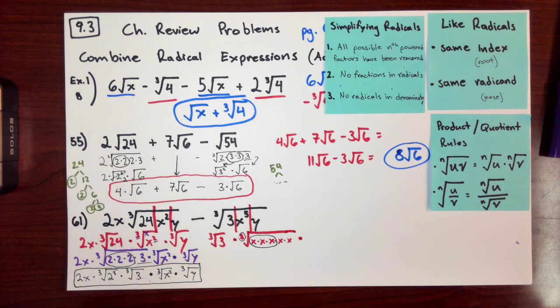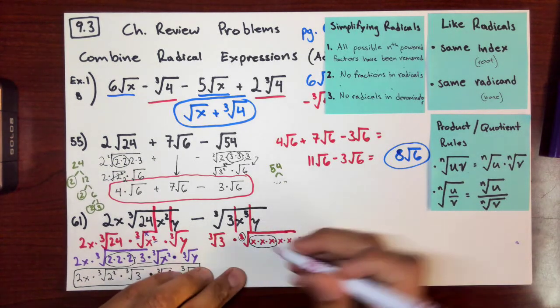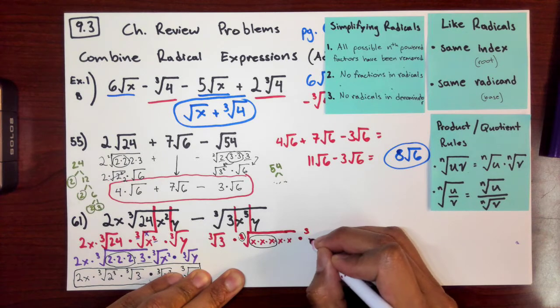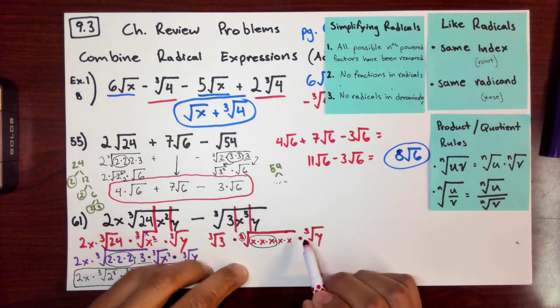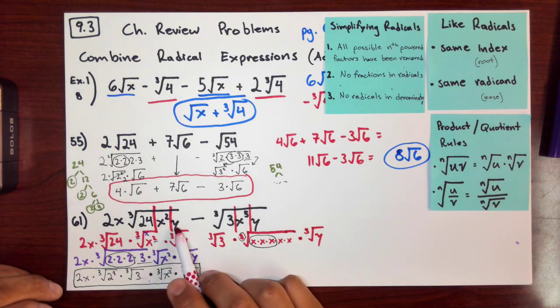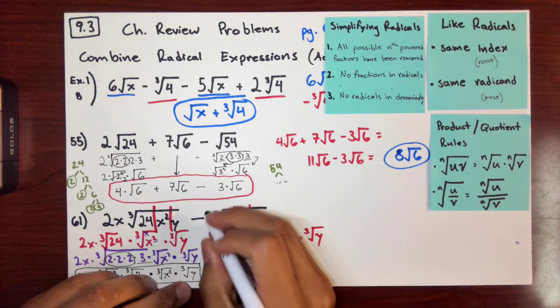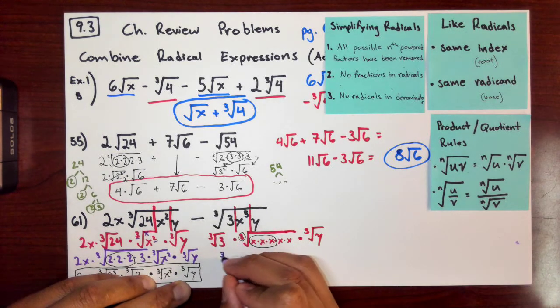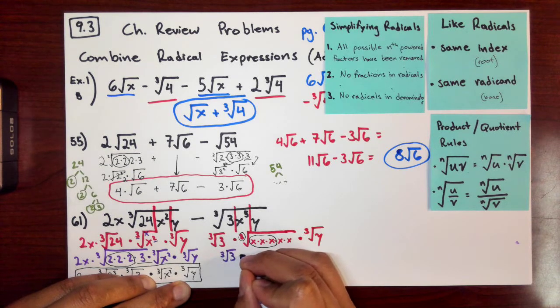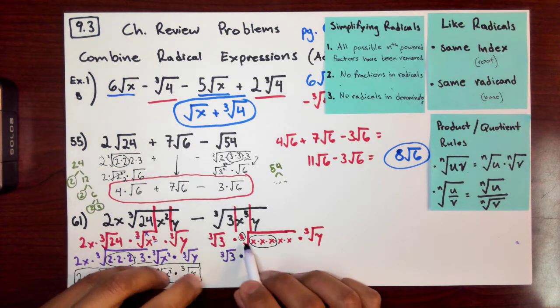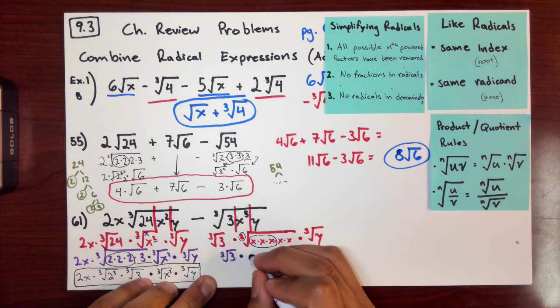So let's go ahead and rewrite the next part. Let's finish here. And then the last part is the cube root of y. Same exact thing right here, right? We can't take the cube root of y. So when we simplify, this cube root of 3 stays the same. The cube root of x cubed, that's what you're going to get here now.